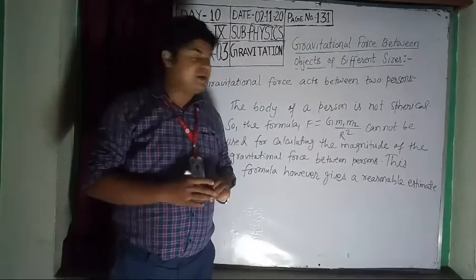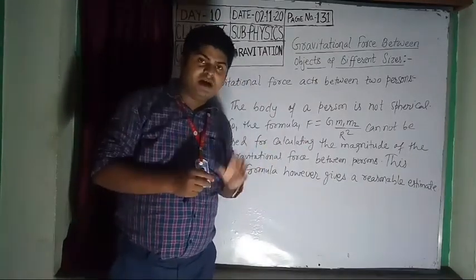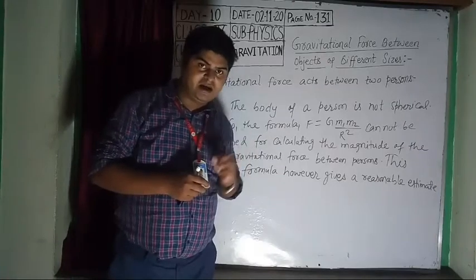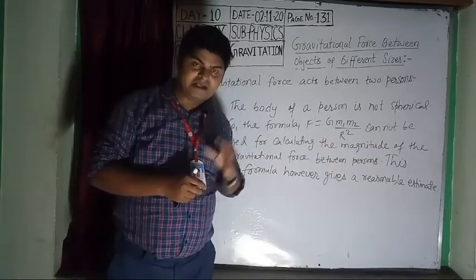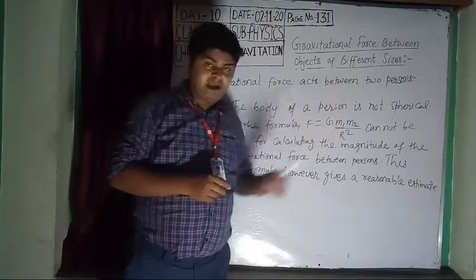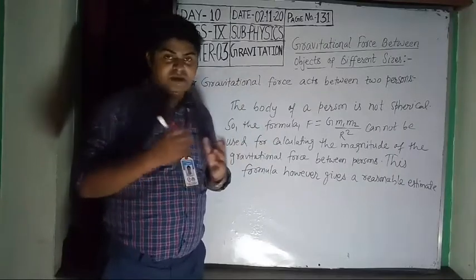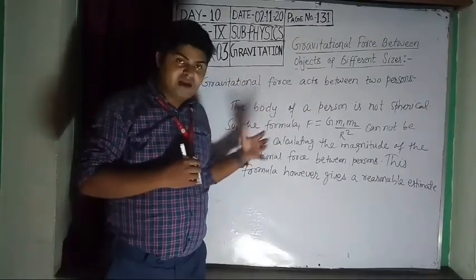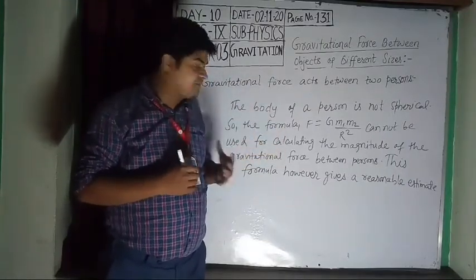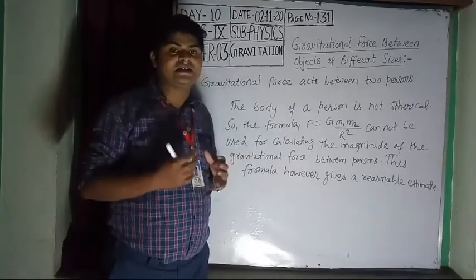This formula is applicable only for spherical bodies like Earth, ball, other planets, moon, sun. That means here we have found the gravitational force between two persons, but this is not the correct value; we can say it is an estimate value.